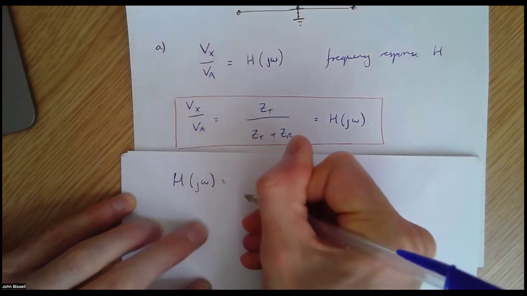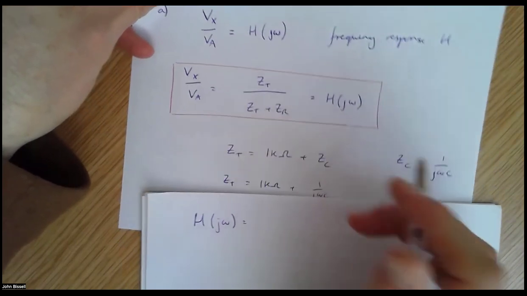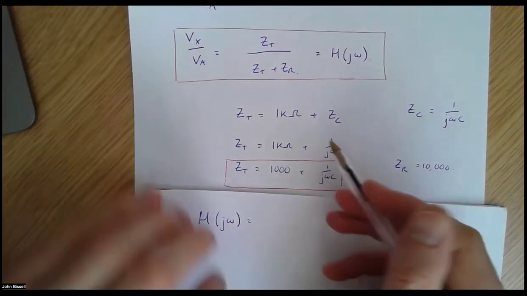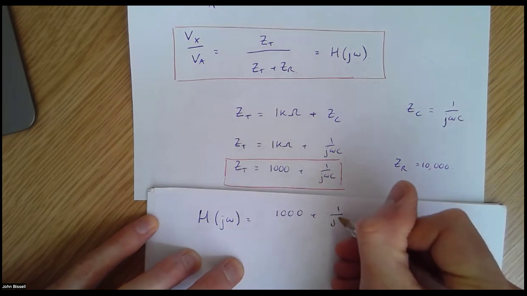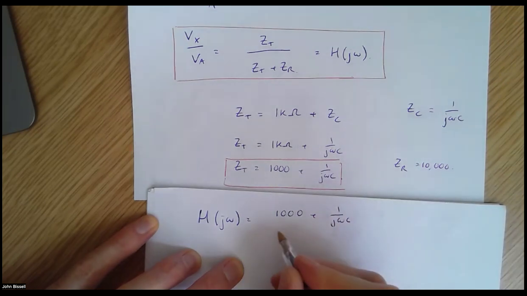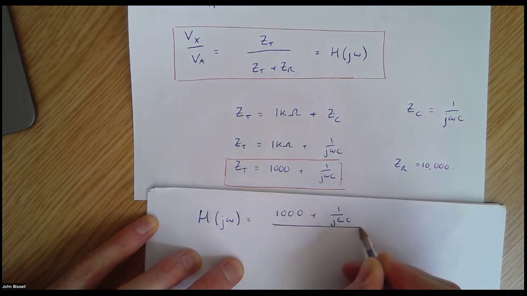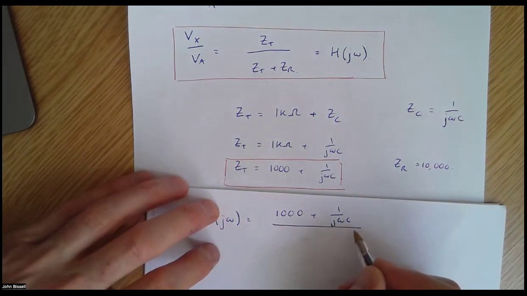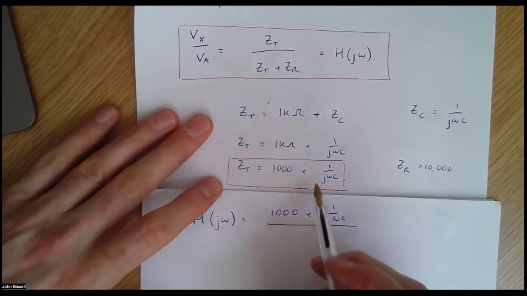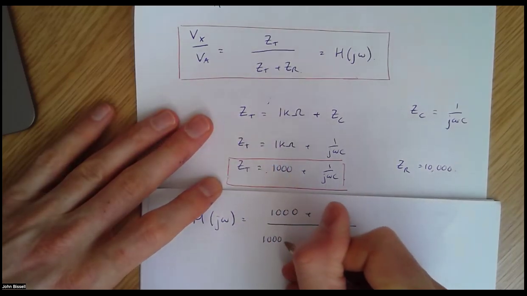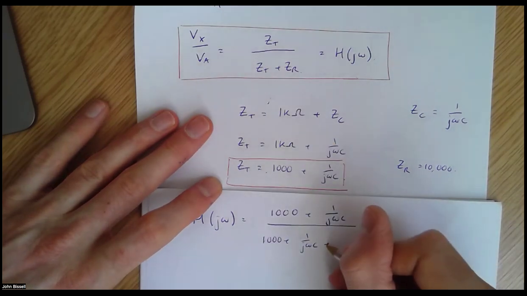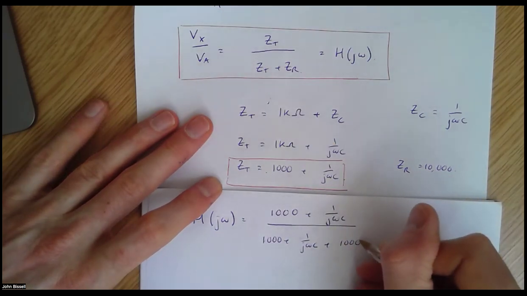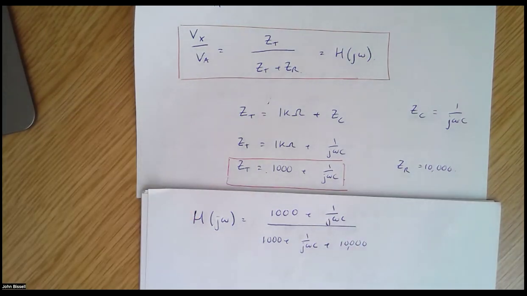The frequency response H(j omega) is ZT, which was this thing here, 1000 plus 1 over j omega C, over ZT, the thing that we've just written down, 1000 plus 1 over j omega C, plus ZR, which is plus 10,000.